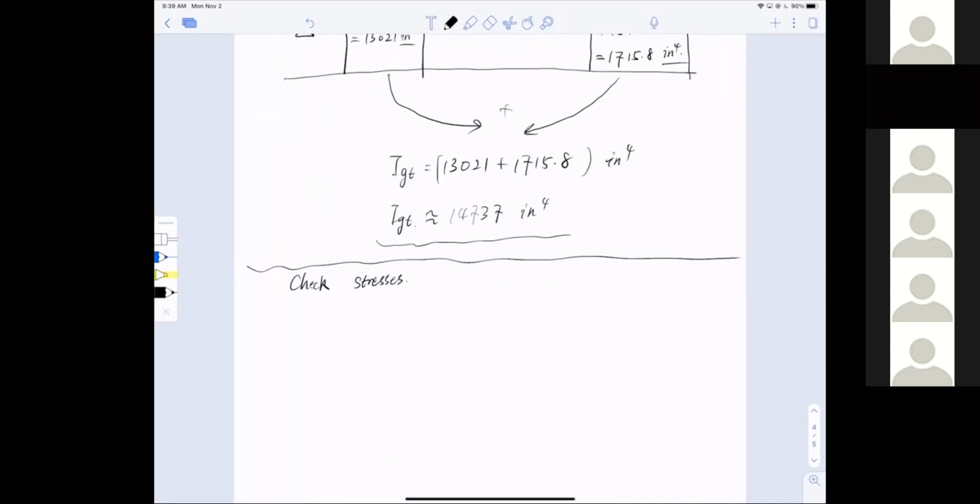Let's take a look at the compressive stress first, FCC. That is moment multiplied by Y top, divided by IGT.